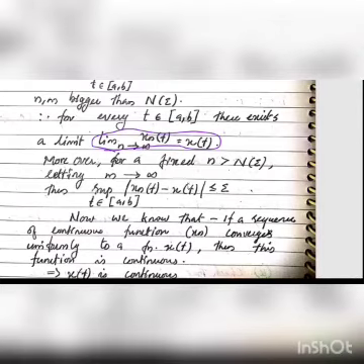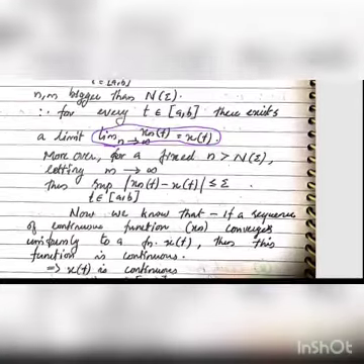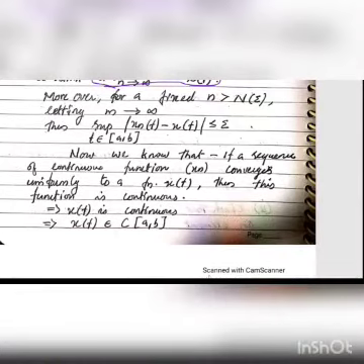Therefore, x(t) is also continuous. If x(t) is continuous, then x(t) belongs to C[a,b]. That means our limit belongs to our space. Therefore, the space we have considered is complete. That is, C[a,b] is complete.